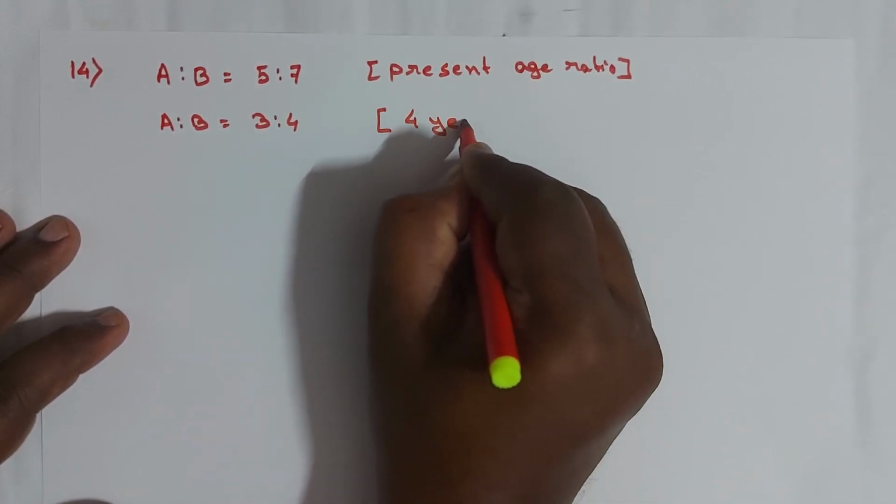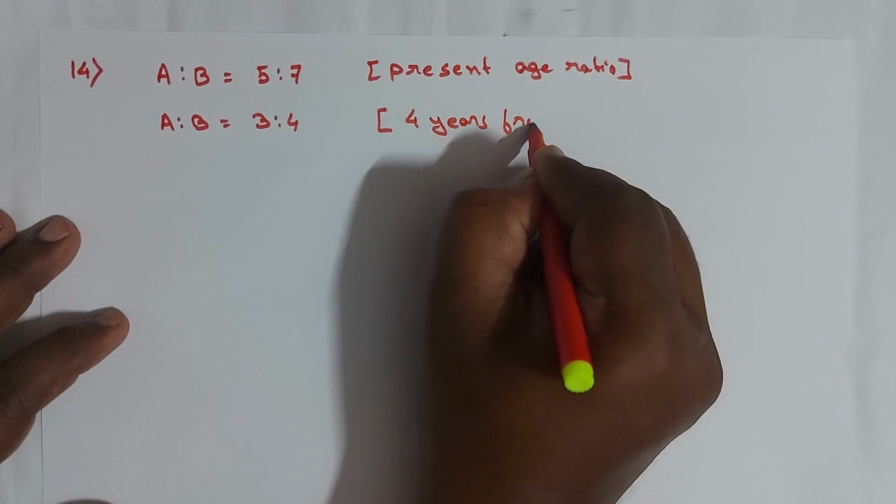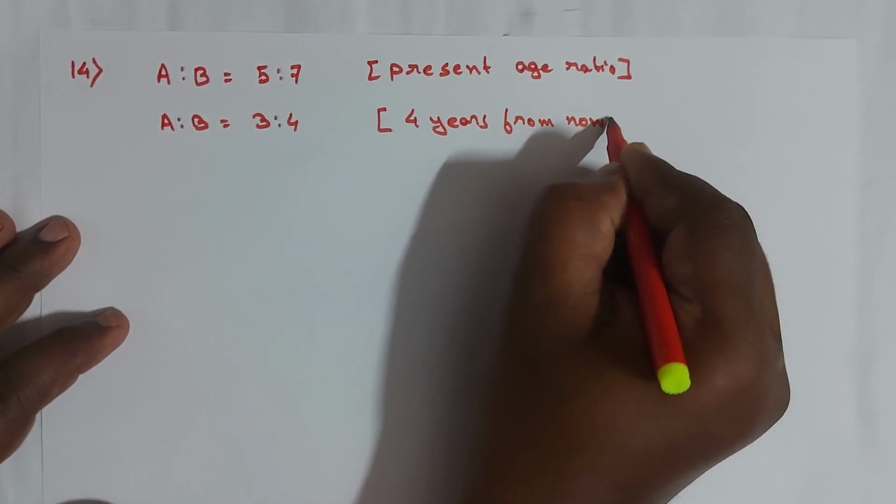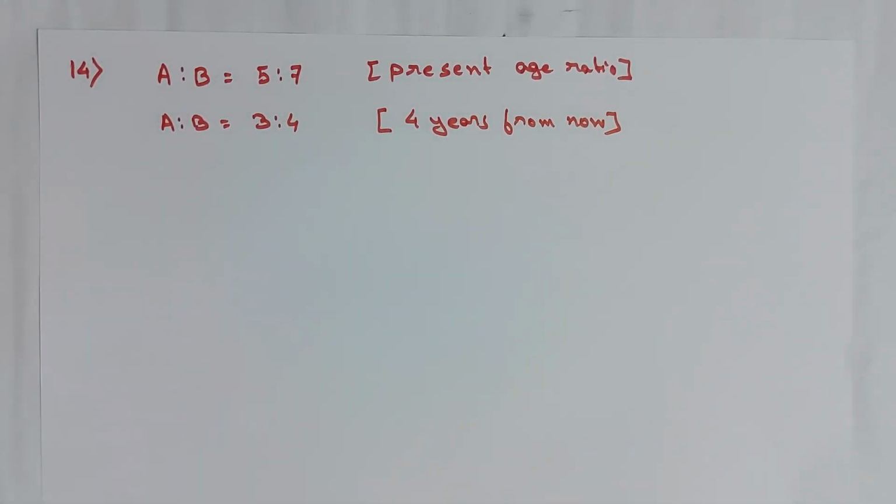That means this is in future. After 4 years their age ratio will be 3 is to 4. Now we need to find out the present age of B.